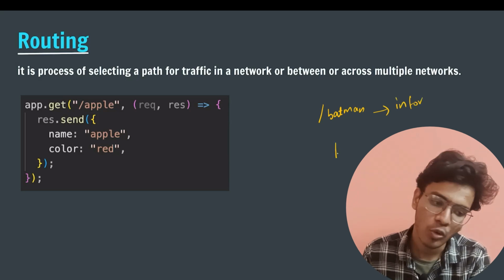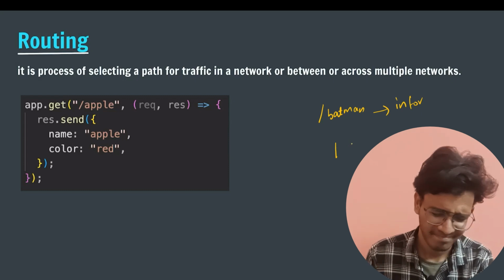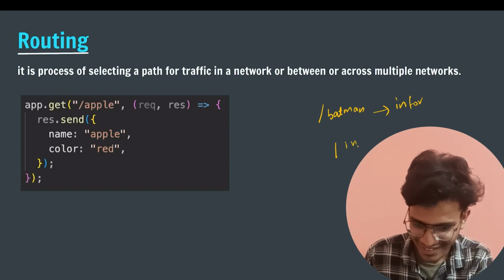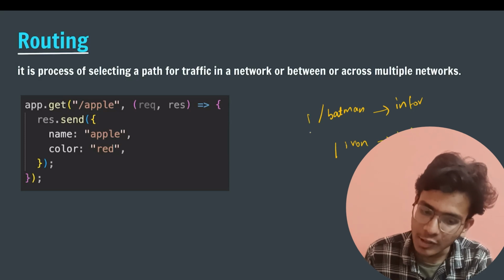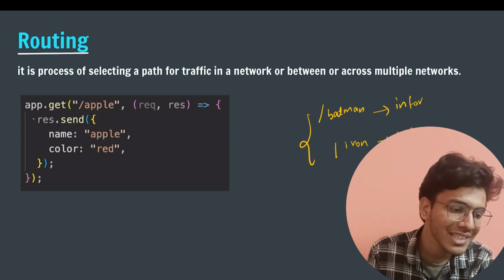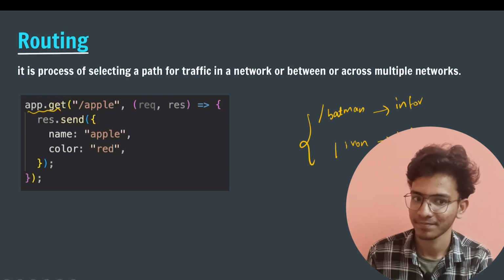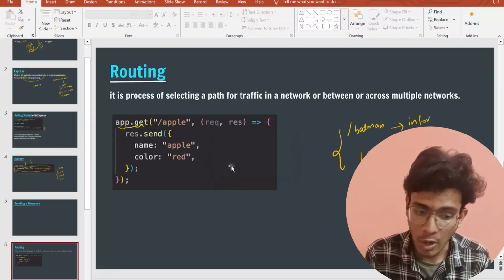If I am getting a route called Iron Man, then I want to send the information related to Iron Man. So based on the route, if I want to send something, then I will use a function called app.get, right? So this function is useful for routing.